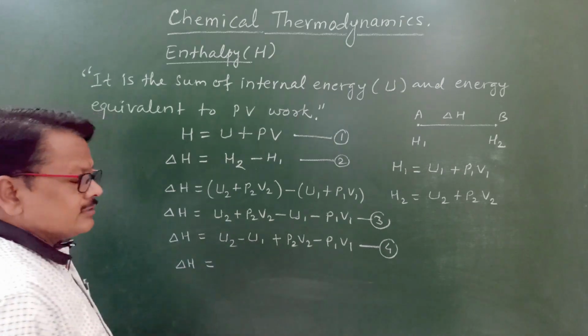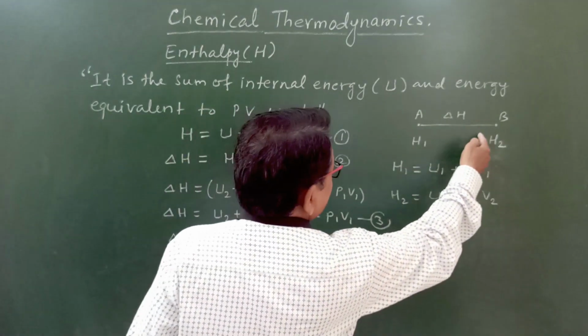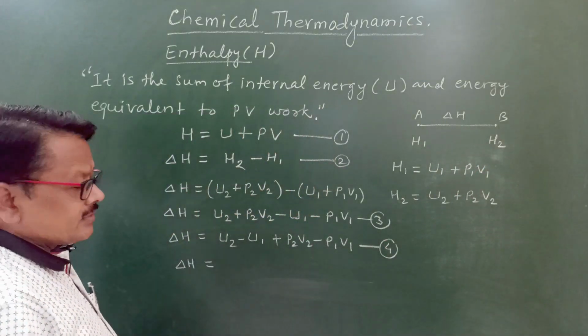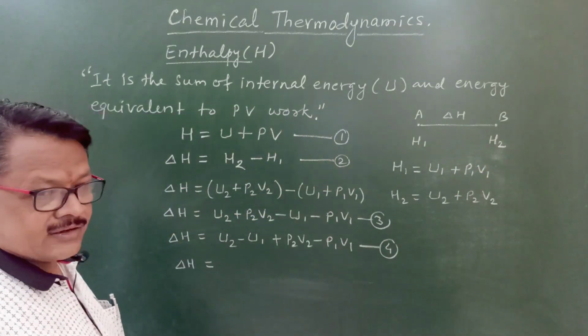Here, U2 minus U1 is the internal energy change between the final state and the initial state.